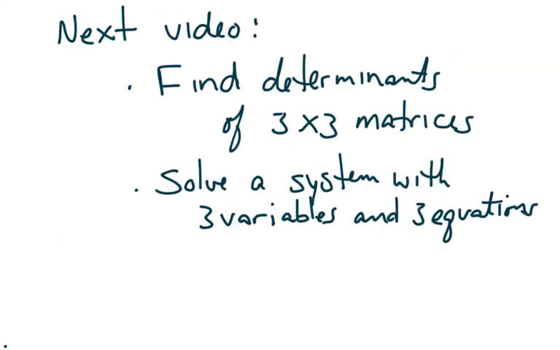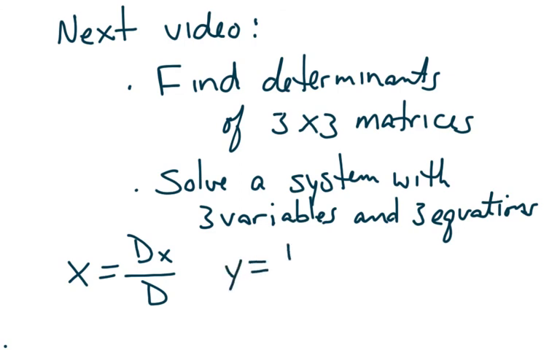Now in our next video, we're going to find out how to find the values of the determinants of a 3 by 3 matrix. Remember, determinants you can only find from square matrices, so they have to have the same number of rows as columns. And then we're going to use that to solve a system that has 3 variables and 3 equations. So again, we're going to do the exact same procedure as we did here. We're going to find x by taking the determinant with the x values replaced, over the coefficient matrix.